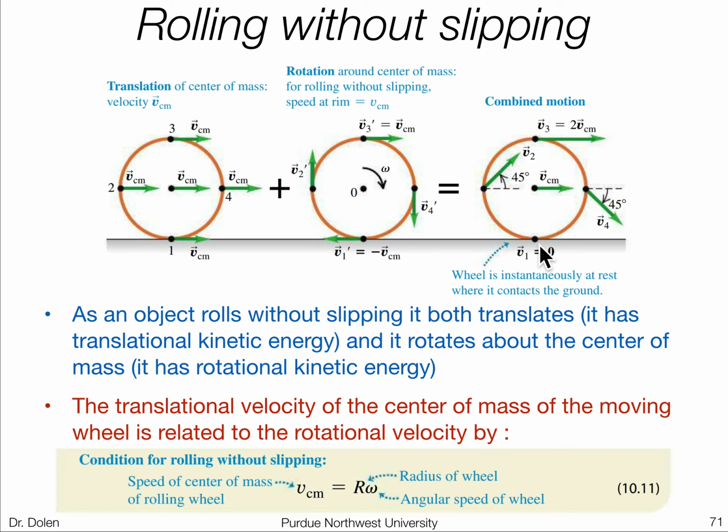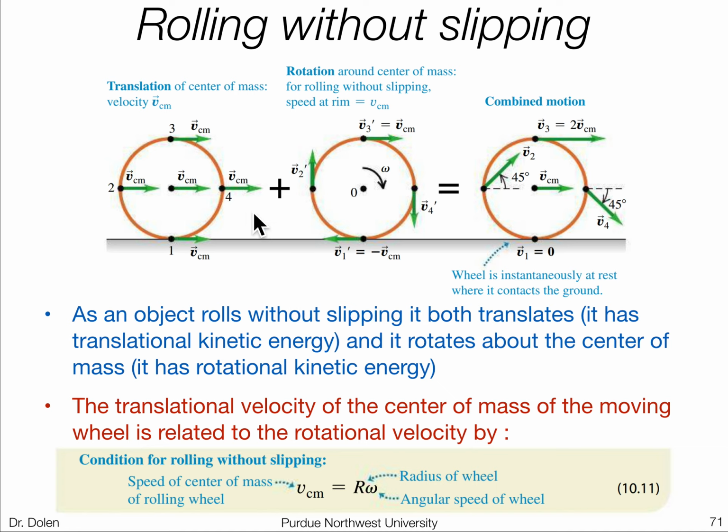The bottom of the wheel is momentarily at rest because the center of mass is moving in this direction, but the wheel is rotating in that direction, and those two effects are canceling. So in that moment, the bottom of the wheel is not really moving, and the front of the wheel has some velocity in this direction, because the wheel is moving down, but the wheel as a whole is also moving in this direction. If I add together those two velocity vectors, in that moment, the wheel has some velocity in that direction. So in general, we don't have to deal with that too much.